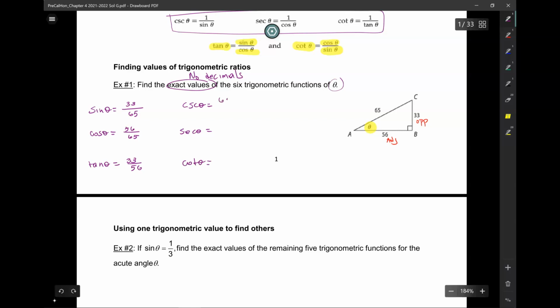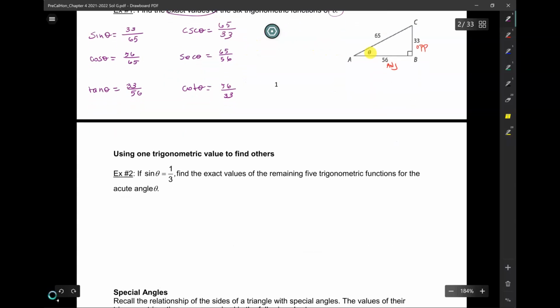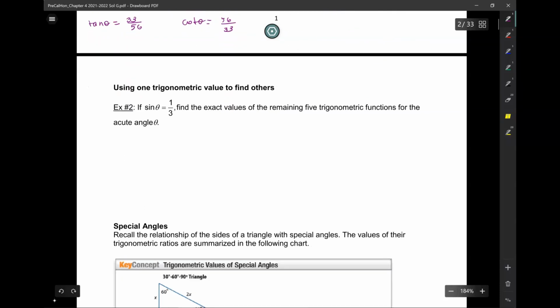For this one, it's 65 over 33, right? Because cosecant is the reciprocal of the sine. And then 65 over 56 and 56 over 33. Okay? So that's basically what the ratios mean.